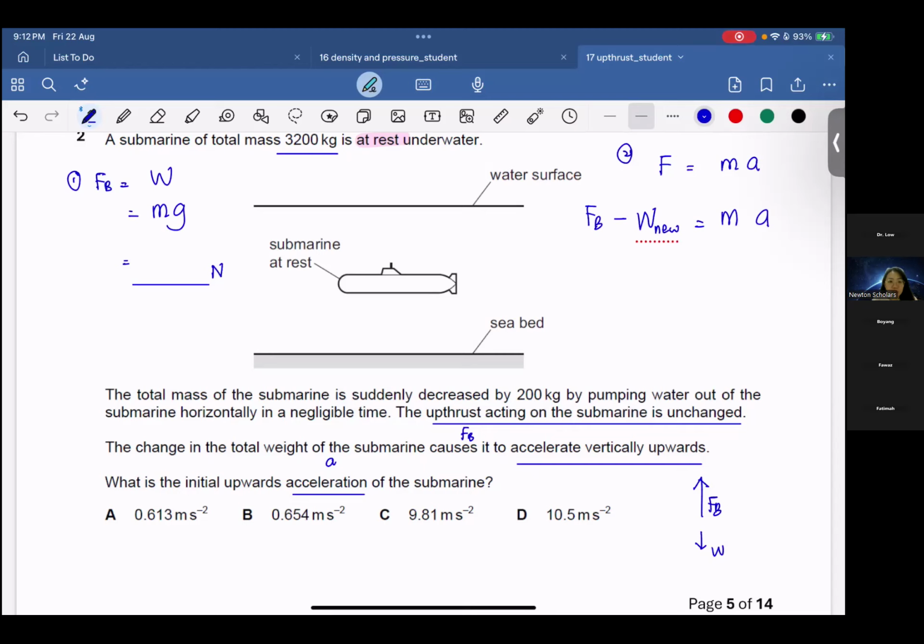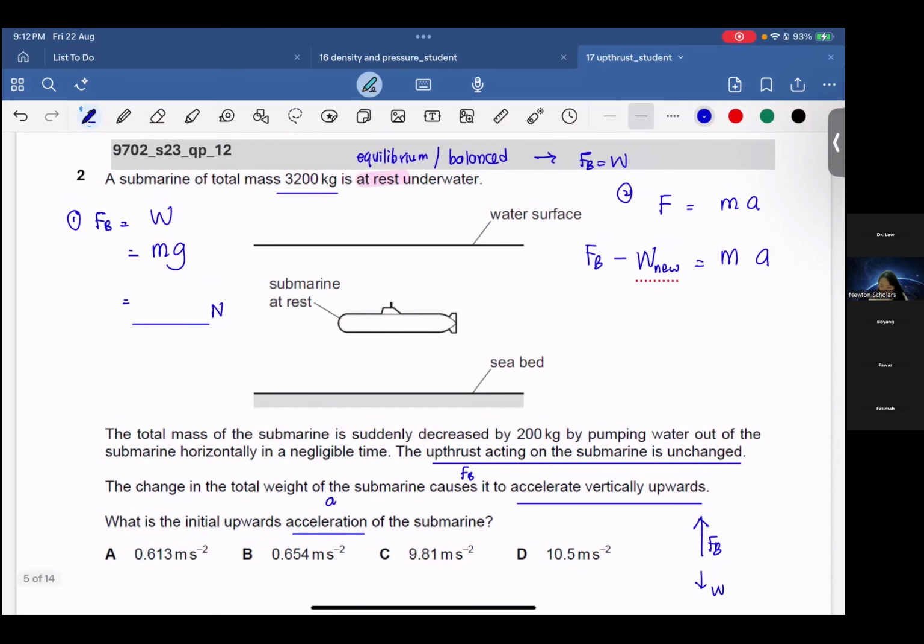The buoyant force still remains unchanged, but how do we know the buoyant force? We calculate it using the first sentence, because they are at rest. So I know that the buoyant force equals the weight. Then after that, the mass decreases, but the buoyant force is still the same.